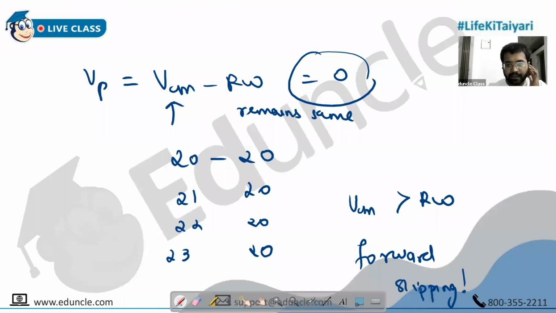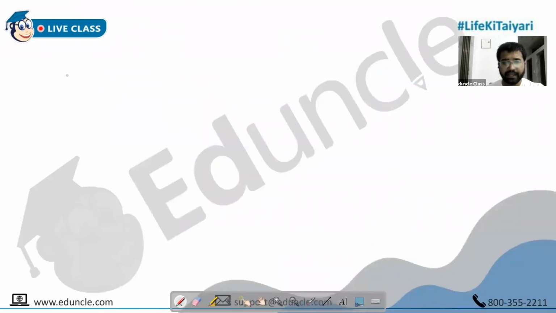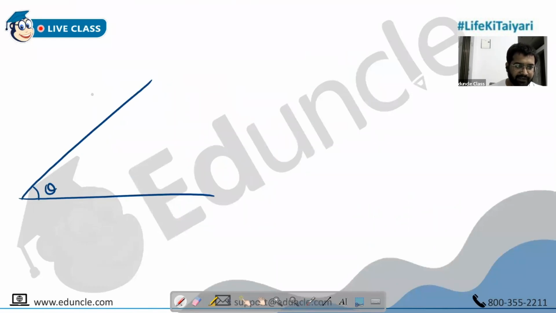So forward slipping is going to happen now. So friction will act in the backward direction. Now it's just about our equations. So what do we have? We have got theta, we have got mg sin theta, and this will be acceleration.